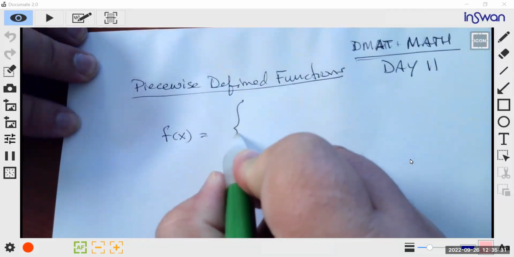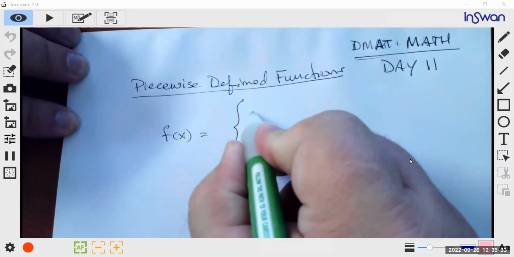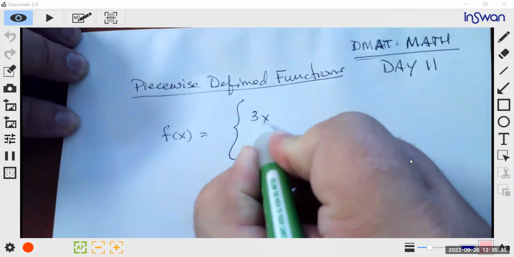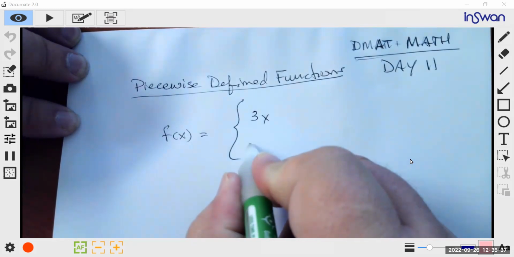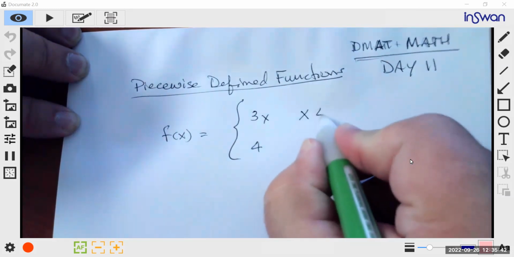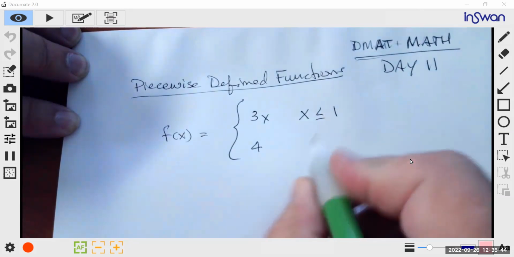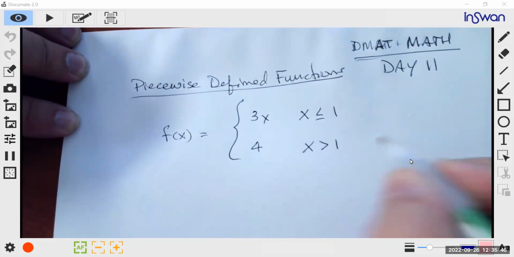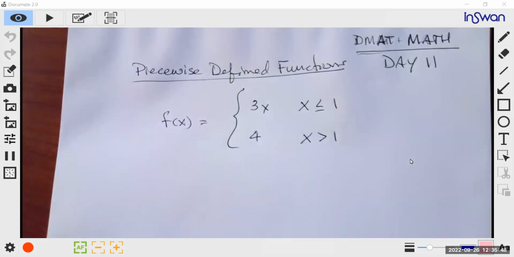All right, here's an example we did last time. A piecewise defined function is just that. It's defined in pieces.